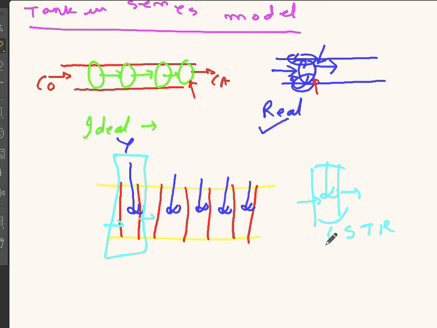So what I can say is that a PFR is made up of a finite number of imaginary CSTRs.